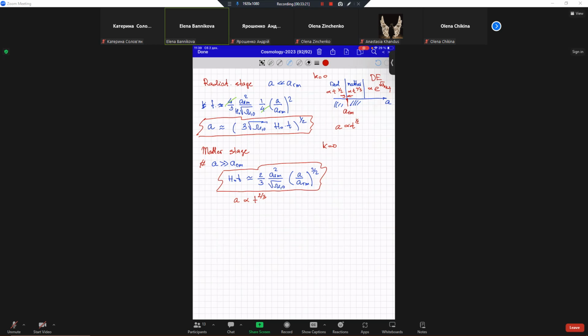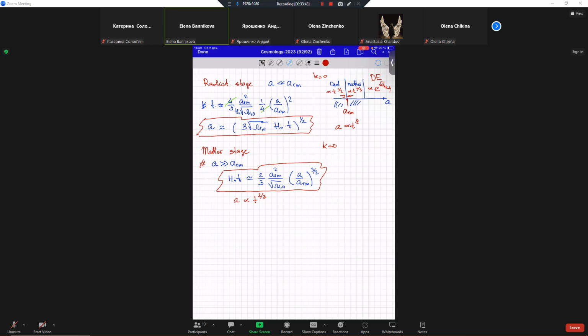So it means that our future, the future of the universe, all the time we would like to know the future. It means that the space will expand exponentially in the future too.